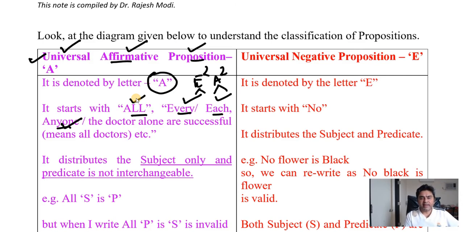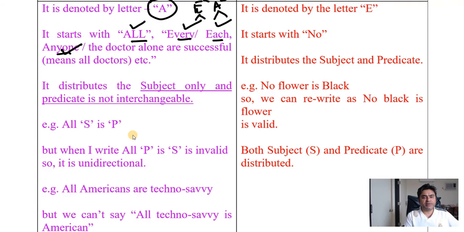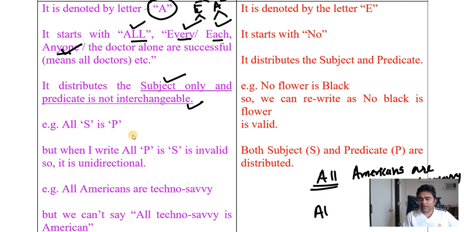Now another thing is that it distributes the subject only, and the predicate is not interchangeable. For example, if I say all Americans are techno savvy, it is an A type of proposition, but I cannot say all techno savvy are American.